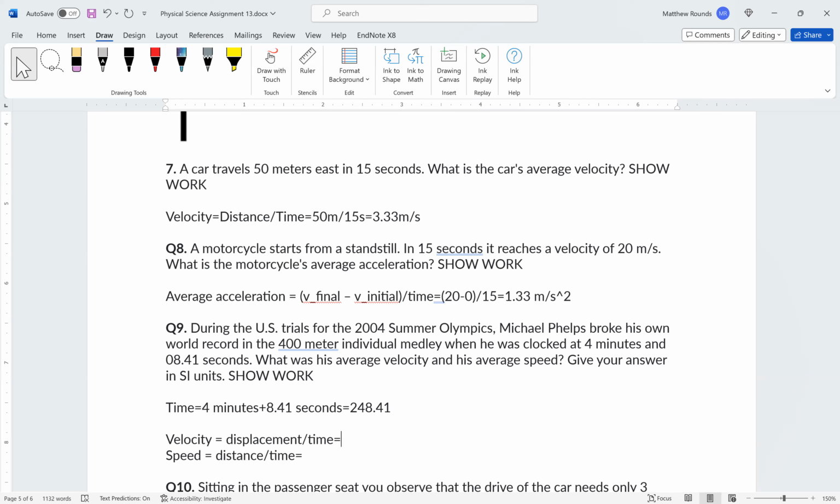He does end at the same place. So his displacement is 0, which is 0 meters per second. But the distance is 400 meters.